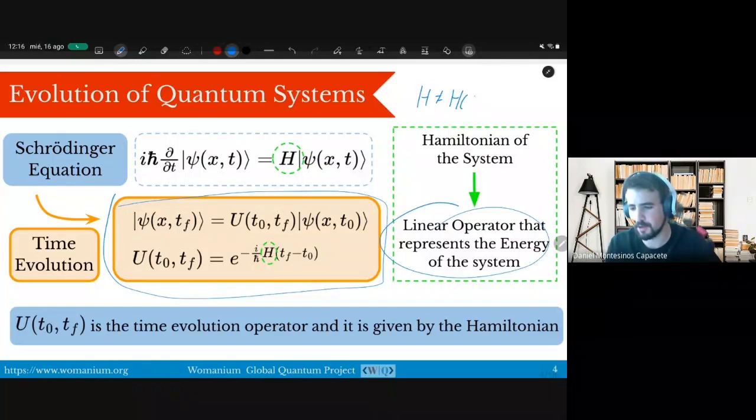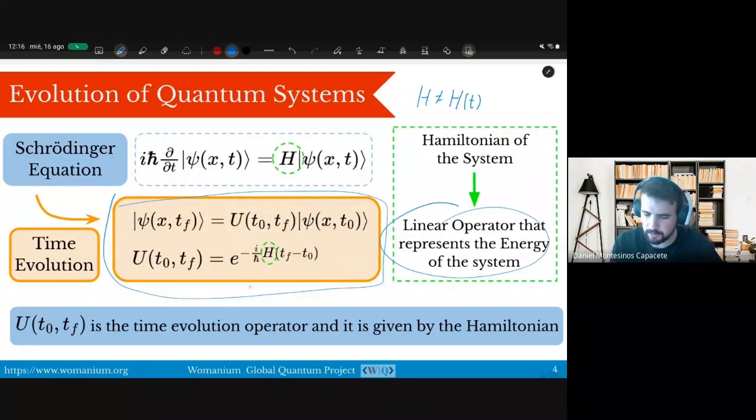I mean, there is no explicit dependency of time in the Hamiltonian.